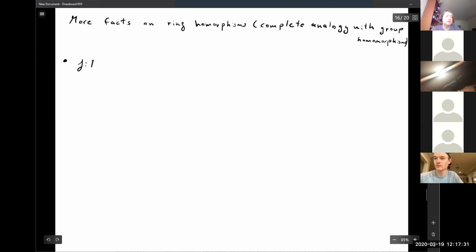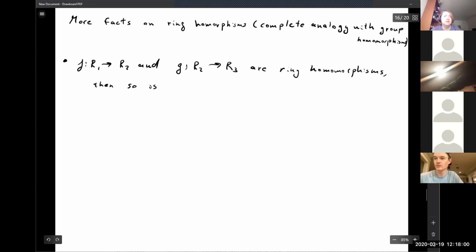Suppose F from R1 to R2 and G from R2 to R3 are ring homomorphisms. And then so is G composed with F, which is a function from R1 to R3.